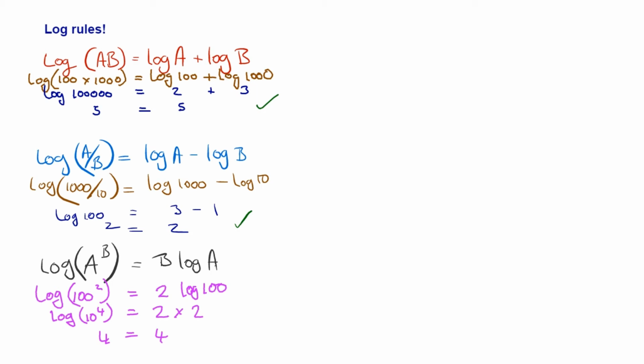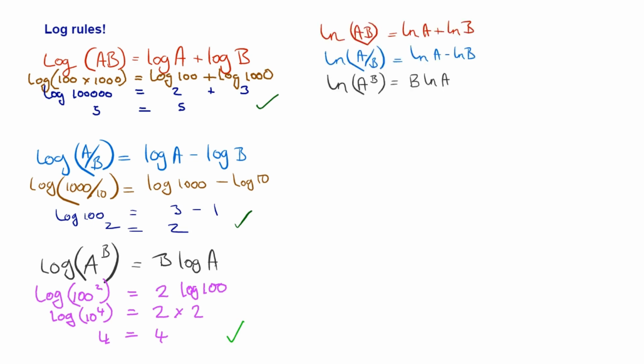So that also works. Those are our 3 rules. Many of you may be very familiar with those, and there's no problem. If you're not sure, then hopefully that clears up a little bit what's going on with those. Of course, it's the same for the natural logs. I'm just going to write down the ones we're actually going to use right at this stage: the natural log of a times b is the natural log of a plus the natural log of b.